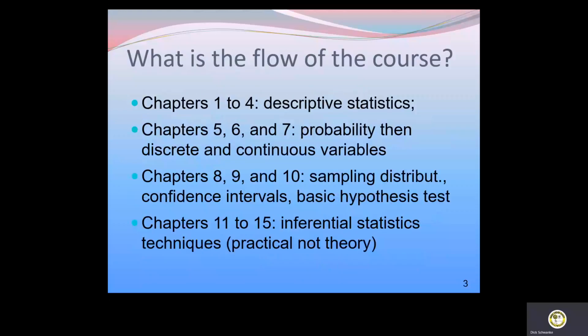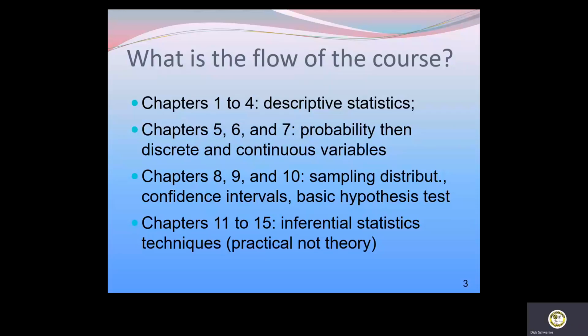What is the flow of this course? Well, the first 4 chapters are all the descriptive statistics. The next 3 chapters, Unit 2, cover probability and discrete and continuous variables.